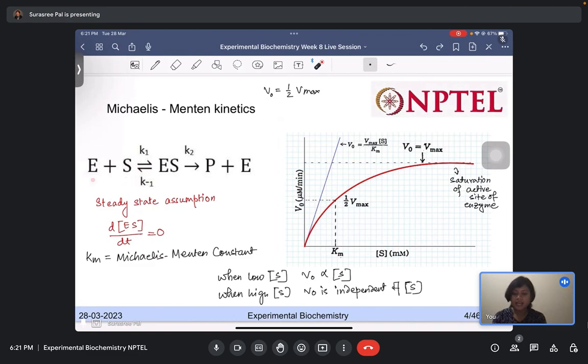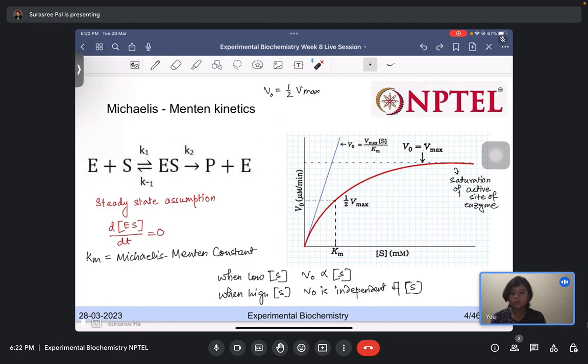So the enzyme and the substrate combine to form the enzyme substrate complex. This is an intermediate which is very important for the kinetics measurement of Michaelis Menten or enzymes. So this is the enzyme substrate complex, the ES.